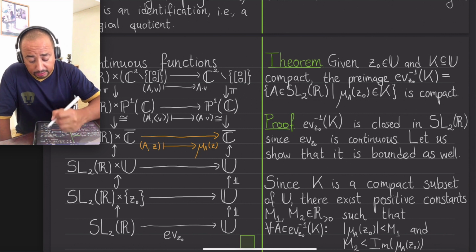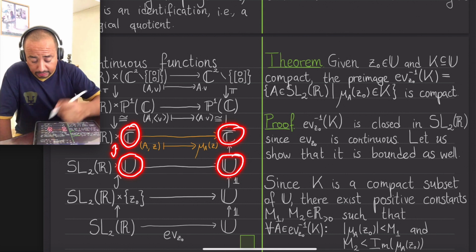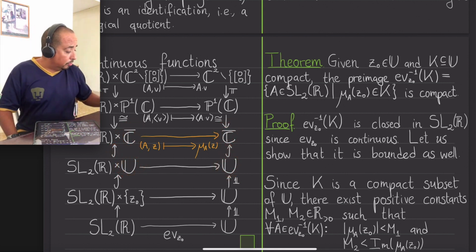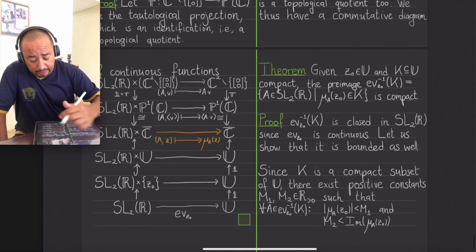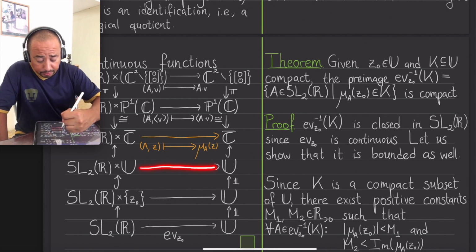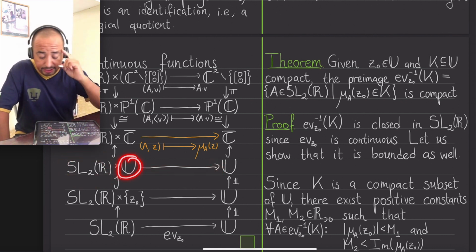Because I know that inside C bar I have U, and the inclusion is of course continuous. The inclusions are continuous. Okay, and here this function restricts to a function here because I know that the matrices in SL2R preserve U bijectively, right?